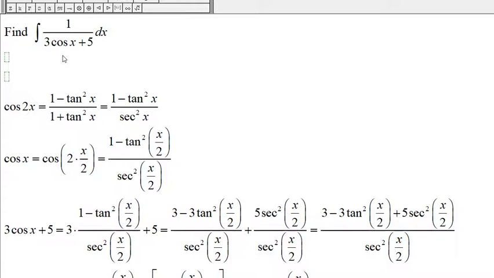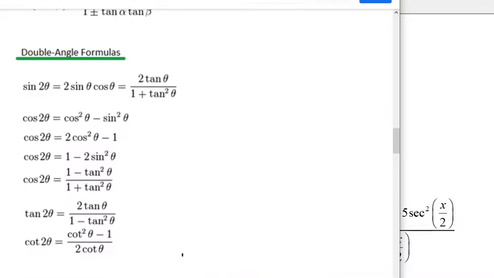Here we have the integral of 1 over 3 cosine of x plus 5. From trigonometric identities for cosine of 2x, we have several identities. All of these are identities for cosine of 2 theta.